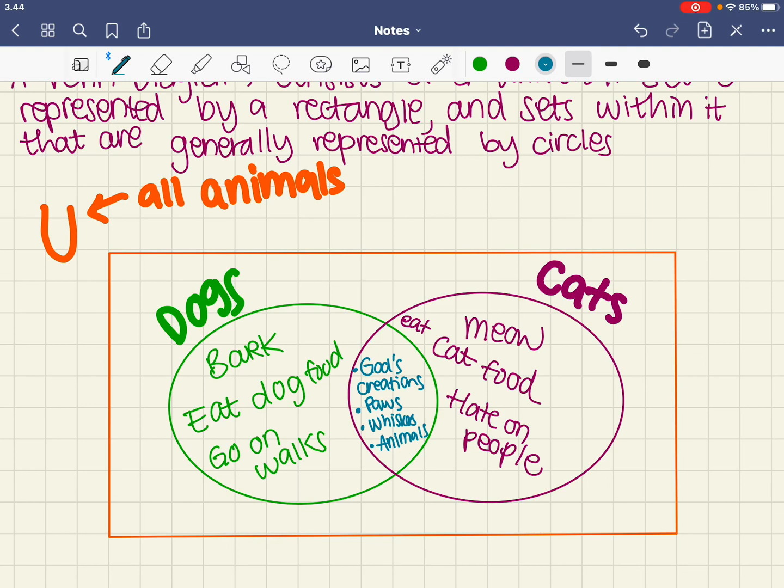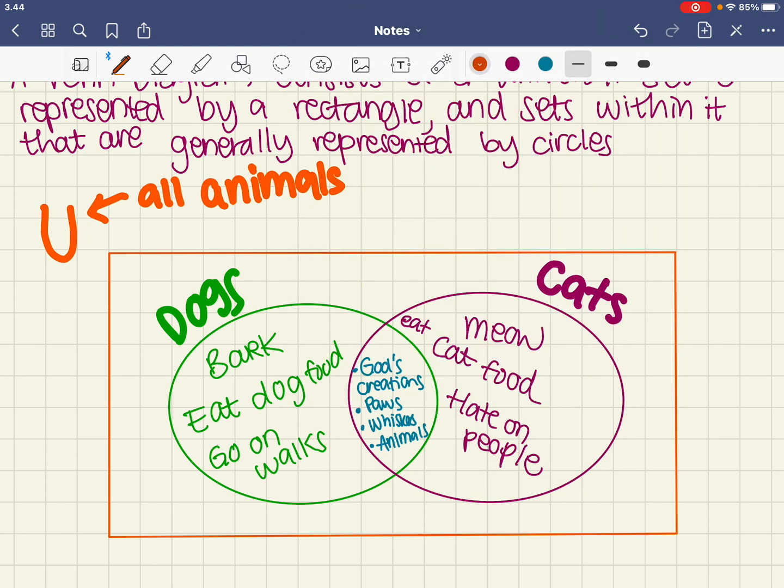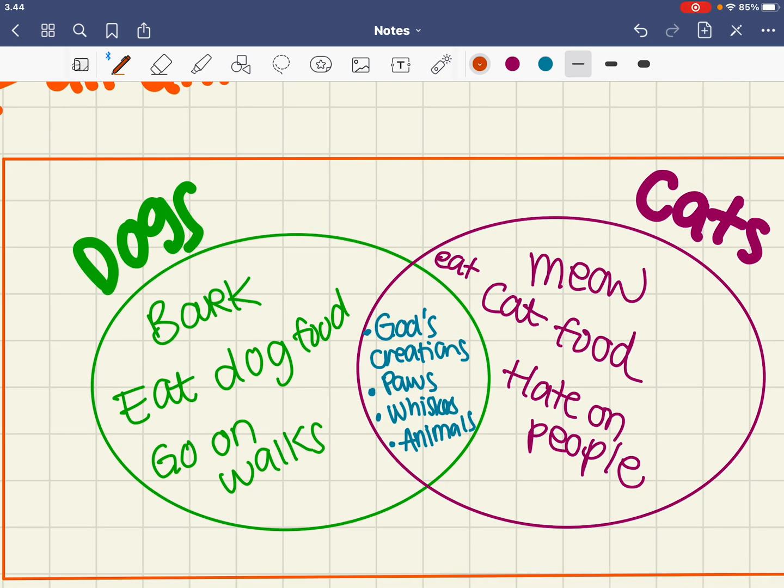And then on the outside of these circles, you can put characteristics of animals that do not describe dogs nor cats. So if I say they have fins, neither dogs nor cats have fins. They have tusks like elephants. Neither of them has that. What else?